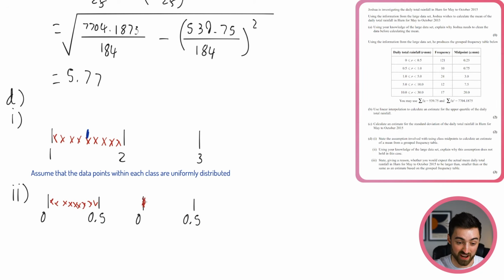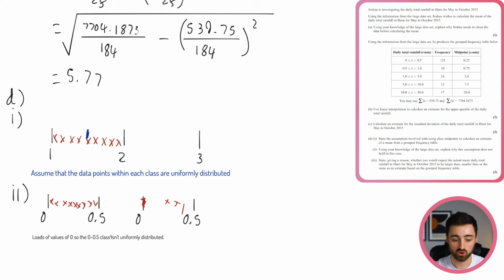They're all just right here, and then there might be 1 or 2 over here. So definitely, they would not average out at the midpoint in this case, would they? So I would say that loads of values are 0, so the 0 to 0.5 class isn't uniformly distributed at all.